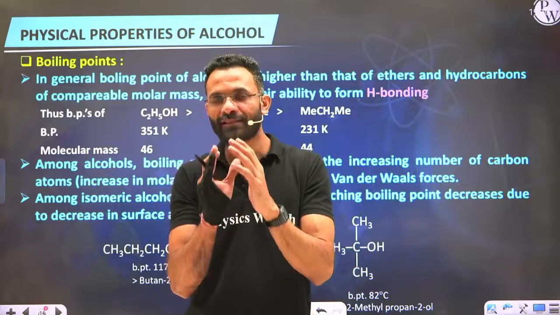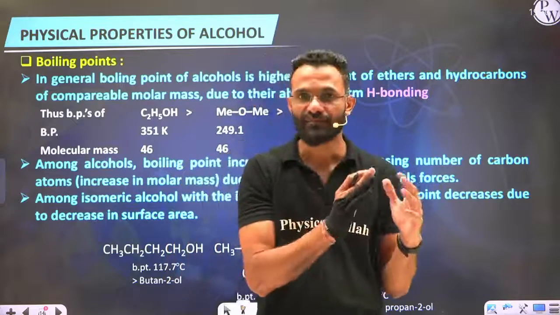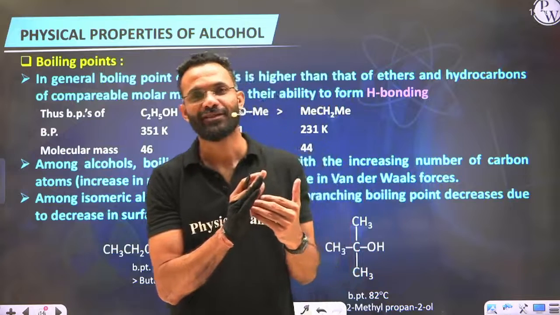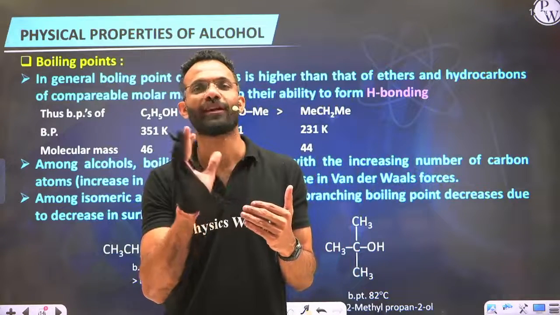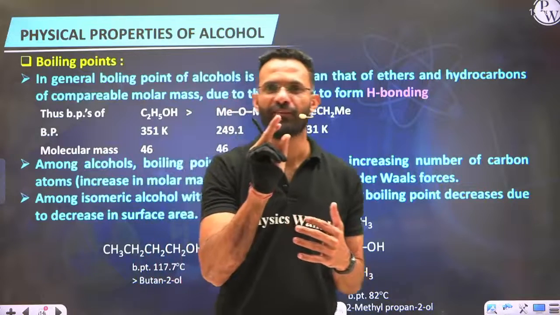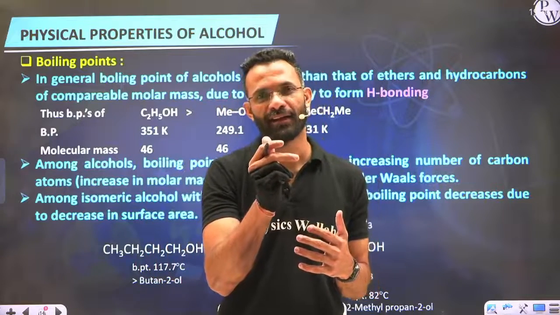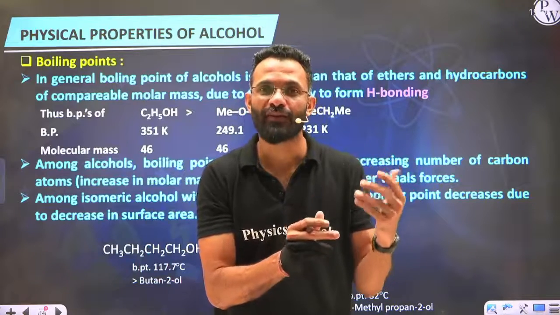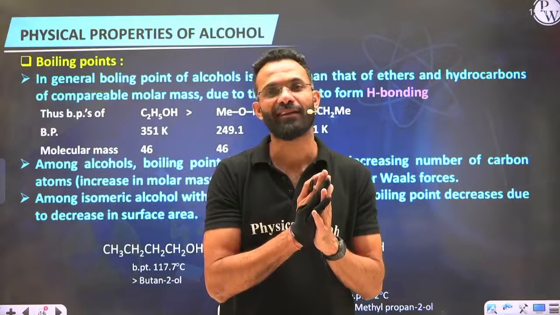If I compare the same thing with an ether, in case of ether there is definitely no hydrogen connected to the oxygen atom, so there is no scope of hydrogen bonding. But there is an oxygen-carbon bond which will have minimal dipole-dipole interaction, but maximum interaction will be via van der Waals force of attraction of the alkyl group of an ether, right?